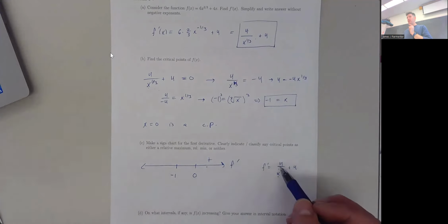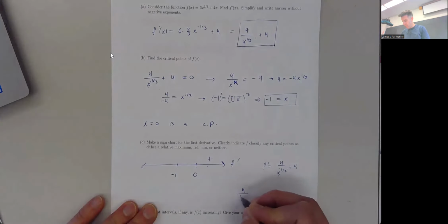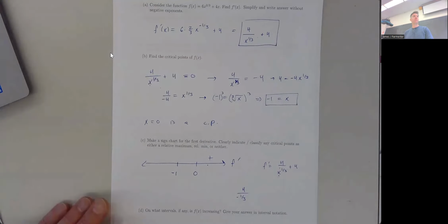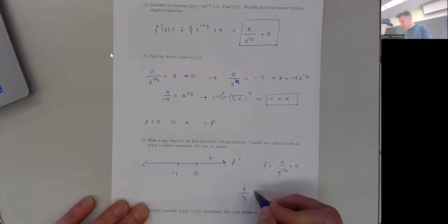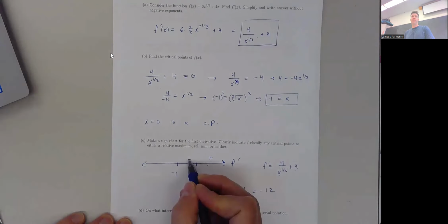So if you have 4 divided by a number that's less than 1, is it getting bigger or smaller? What's 4 divided by 1/3? 12. What's 4 divided by -1/3? -12. So when we divide by a small negative number, we get a large negative number, and a large negative number plus 4 is still negative.